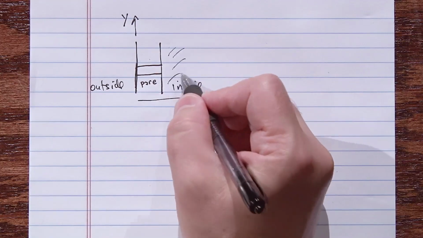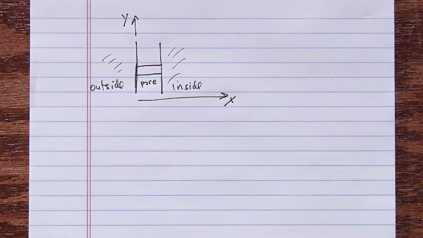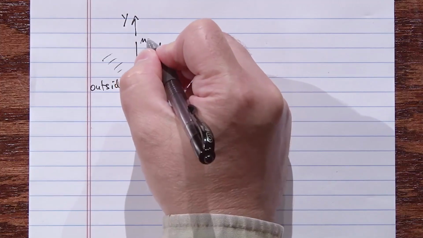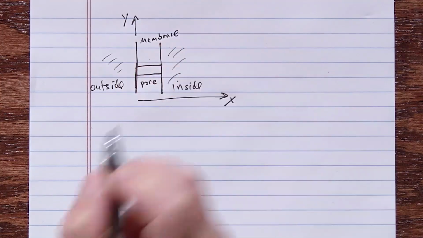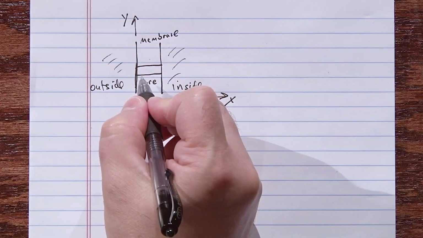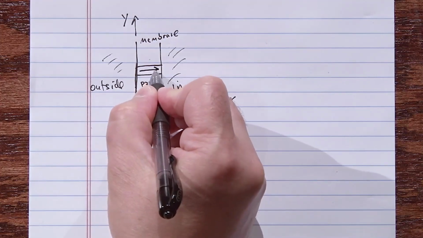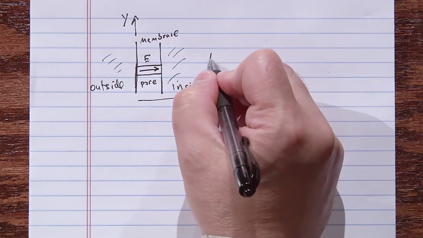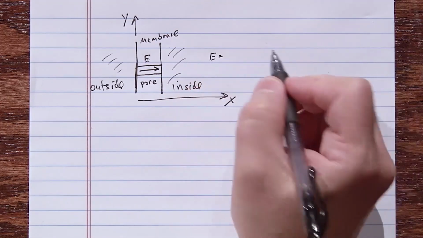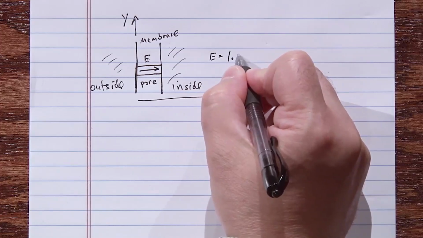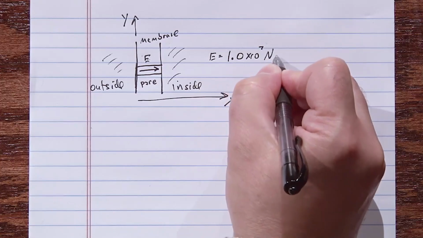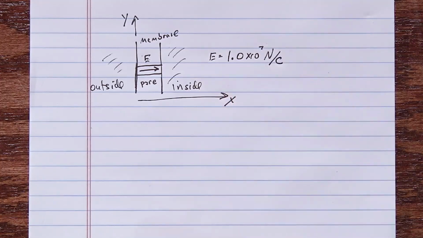So here's inside the cell, and here's outside the cell. And we are told that the electric field across the membrane, this is the membrane, is directed into the cell. So we have an electric field directed into the cell, and it has a magnitude of 1.0 times 10 to the 7 newtons per coulomb.